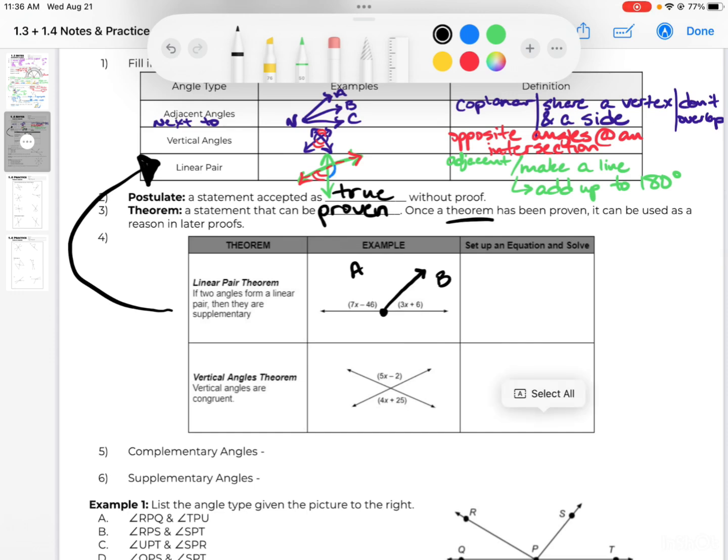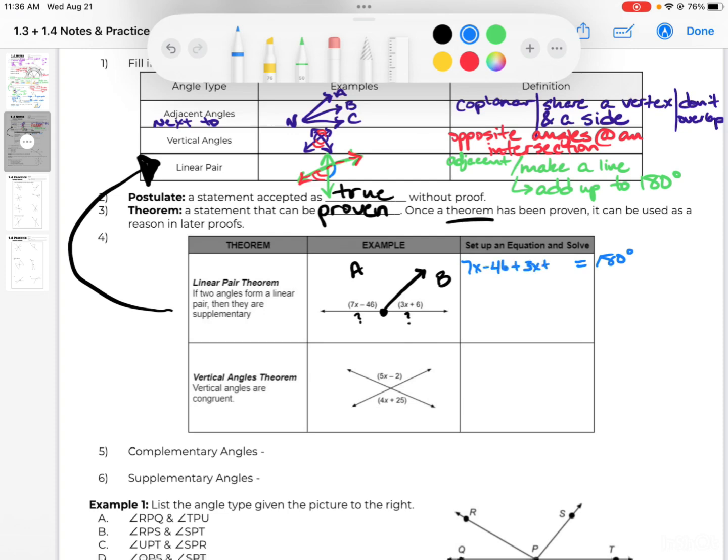And we can actually figure out what these missing x's are, what these missing values are, by setting up an equation. And because we know that they're going to add up to 180, we know that these two angles together will equal 180 when I combine them.